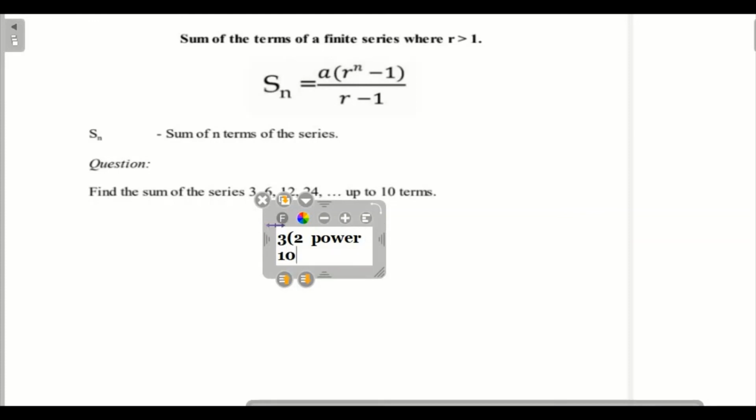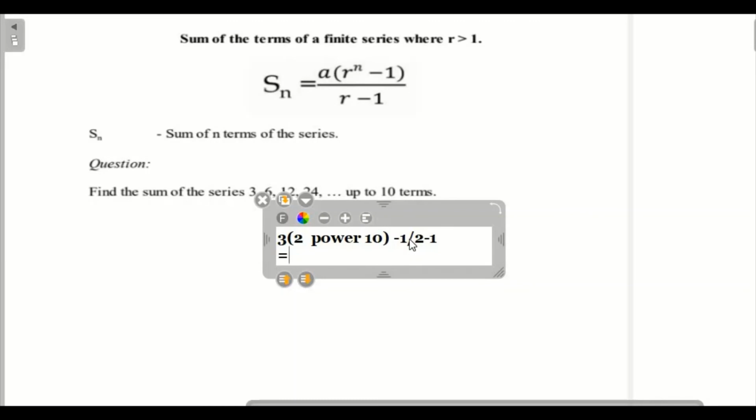So we have the term as 10 minus 1 divided by r is 2, 2 minus 1. So here we have the values. So 2 power 10. So it's 2 into 2 into 2.